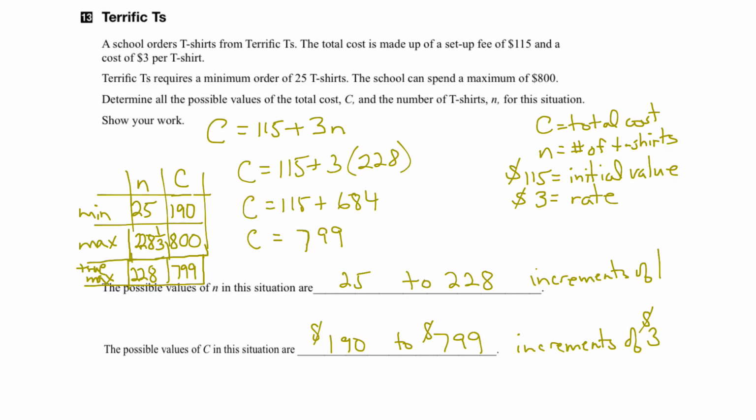So another way to look at this is we could say this would be 25, 26, 27, all the way up to 228 for the number of t-shirts. And for the total cost, it would be 190, 193, 196, all the way up to $799. And there you go.